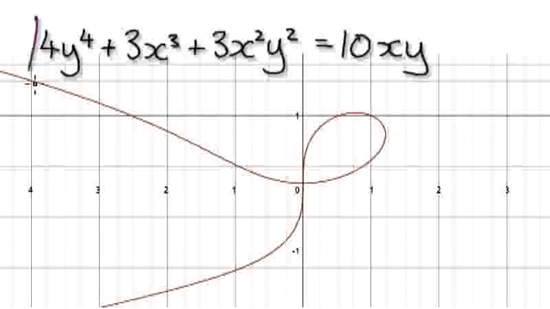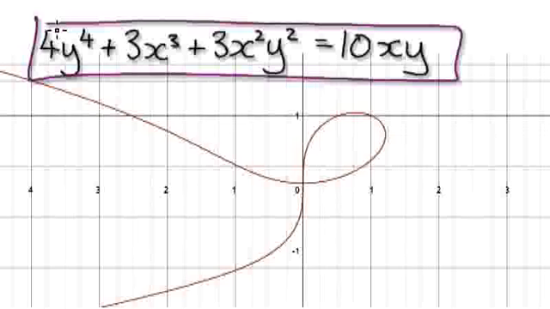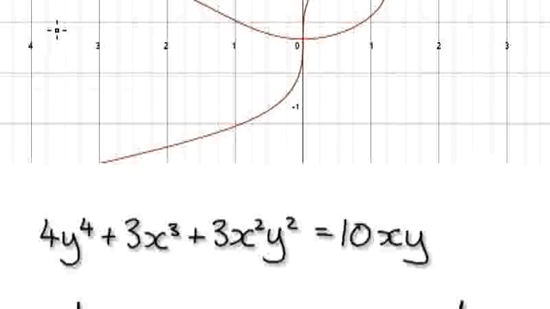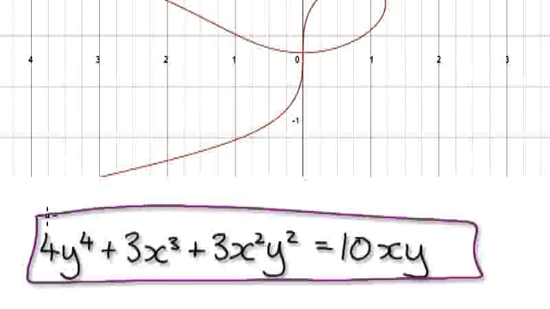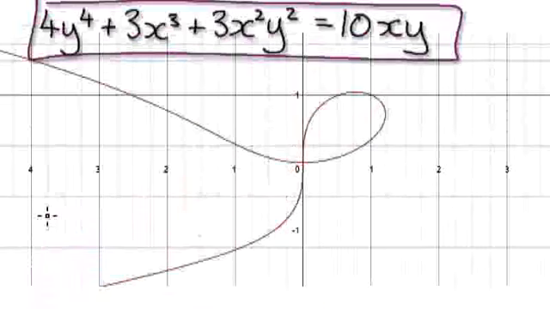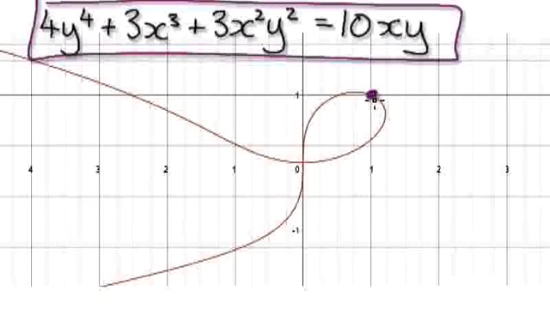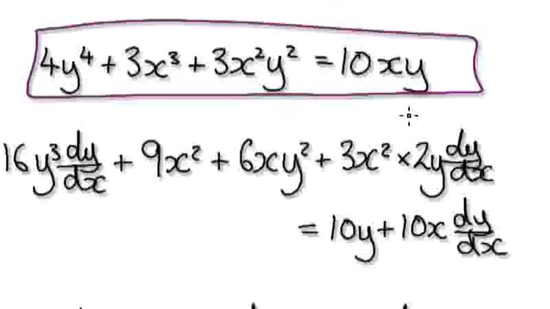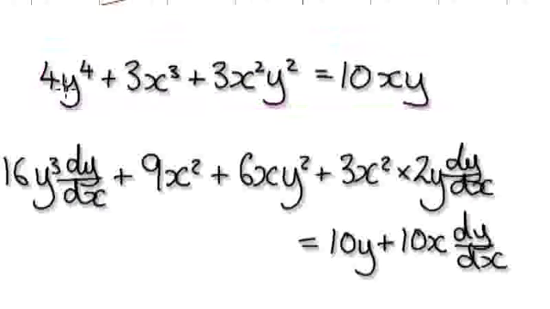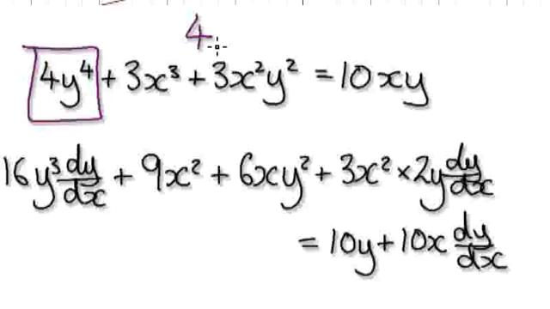Okay, so to do this, look at your original equation here. Now you've got to differentiate it because we want to know the gradient at this point. So differentiate it. Looking at this bit here, imagine it as a bubble to the power 4.